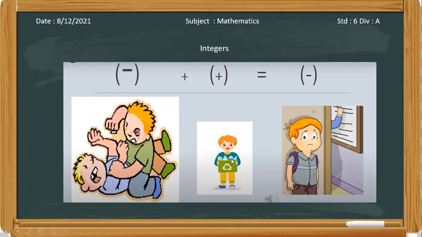But here the boy is expecting something from his teacher, which is not good. Here he is bullying his friends regularly, and in this picture, what is he doing? He's doing one good work only, for getting some prize from the teacher, which is not good.